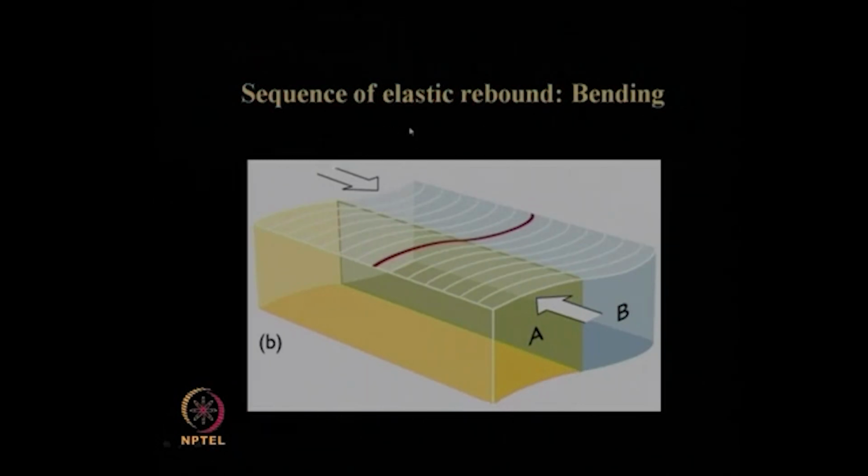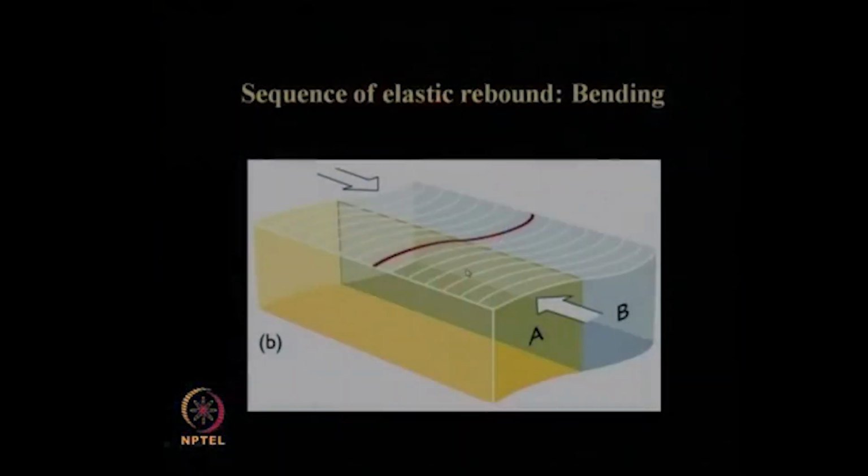So, the next sequence in that elastic rebound theory is bending. Once this rock is subjected to variable stresses, it goes through a process of bending, because two different stresses or forces are getting generated on it, one from this side, another from this side, and because of those two stresses, it bends.